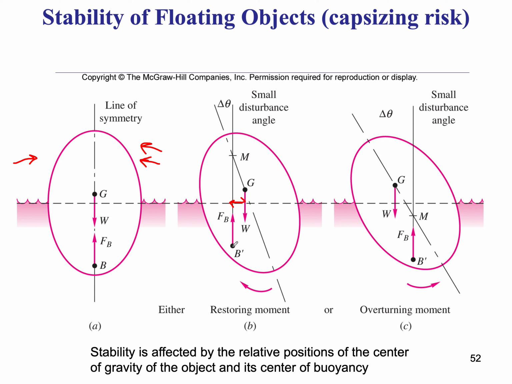So what is the coupling moment, due to this shift of the buoyancy force action line from the gravity force action line, trying to do? Is it trying to help the wave push the object further counterclockwise, or is it trying to resist it?